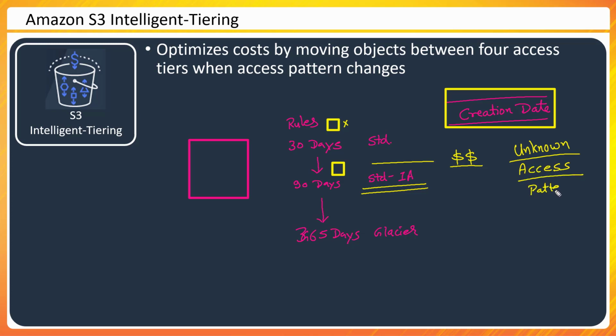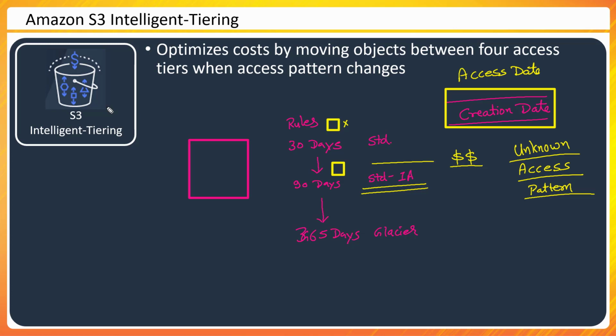So what we can do in that case, we want a rule which would trigger based on the access date of the object. That is what we mean by intelligent tiering. Intelligent tiering helps me identify the access date; the system does it automatically for me.